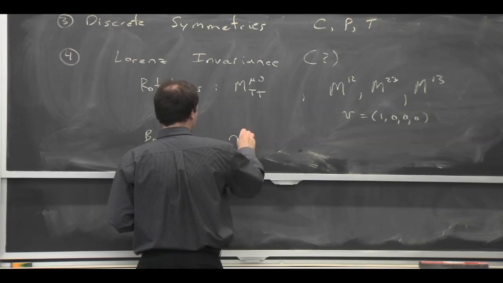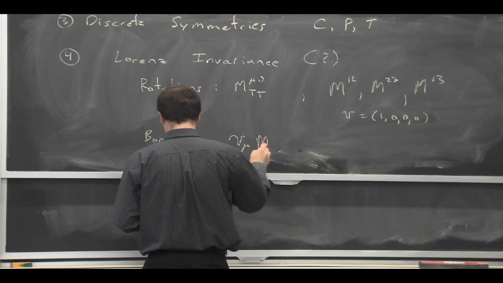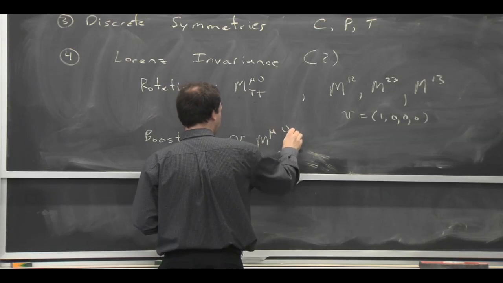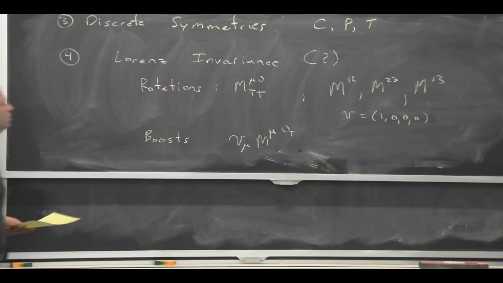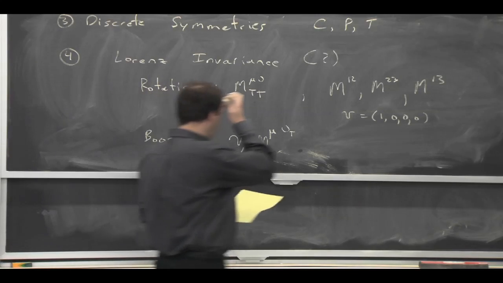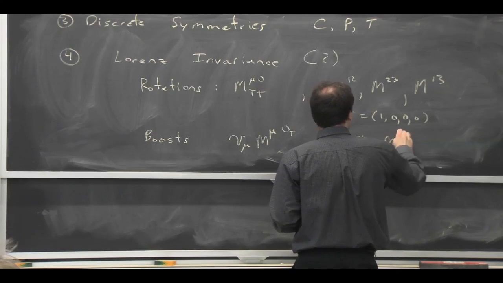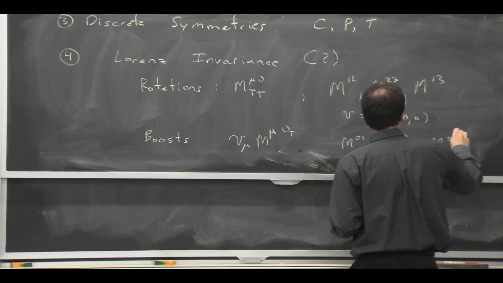And you should think of the boosts as taking v^μ and then M dotted into the v and then making the other guy transverse. So we'll need to note it like that. So the new index is transverse, and in the rest frame, that's M01, M02, and M03.